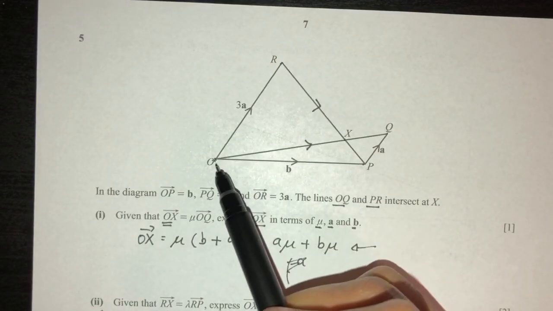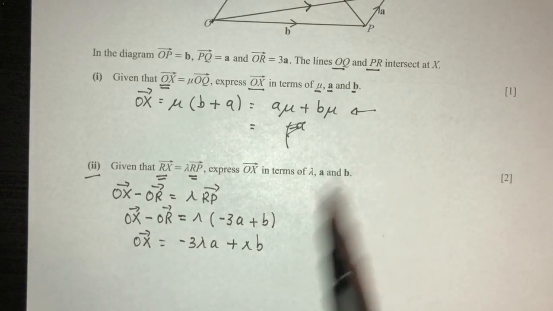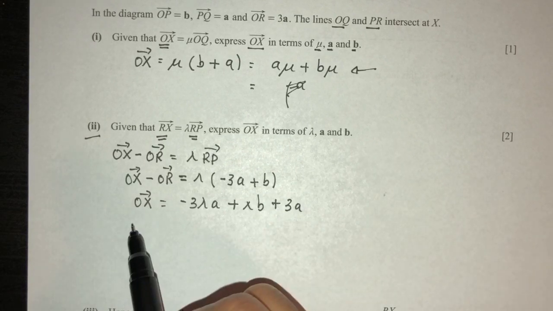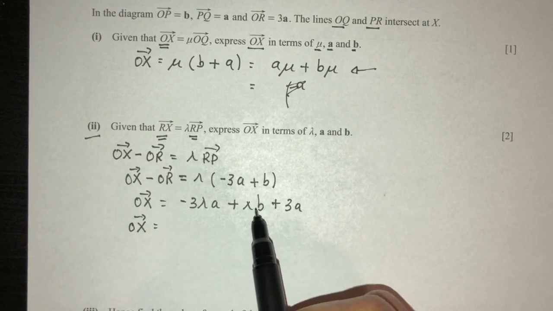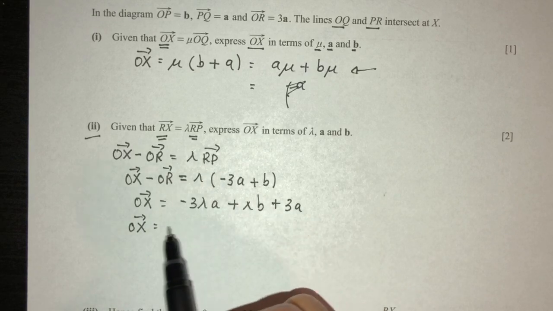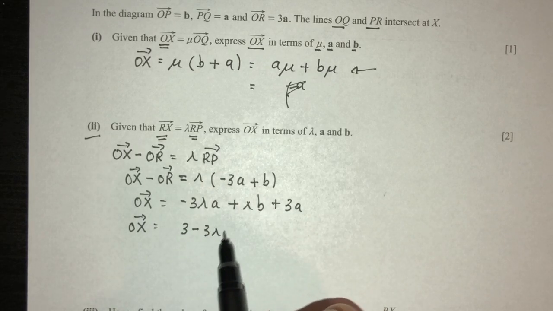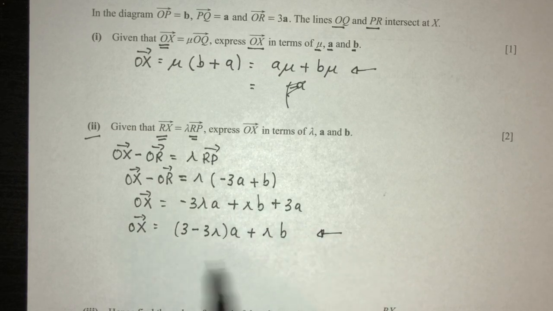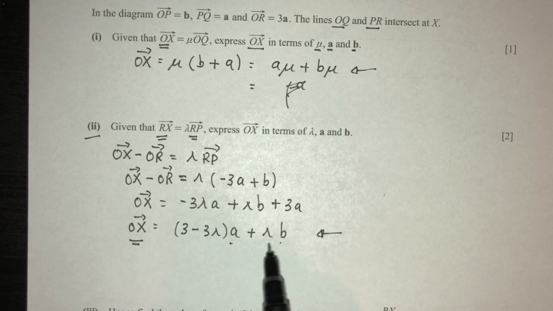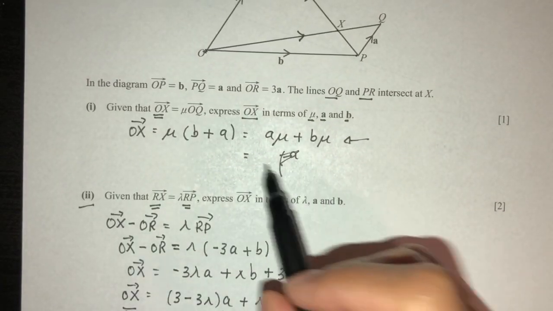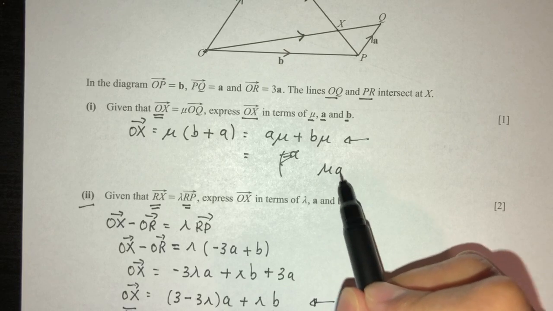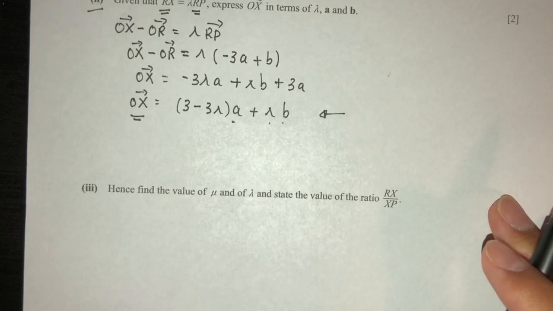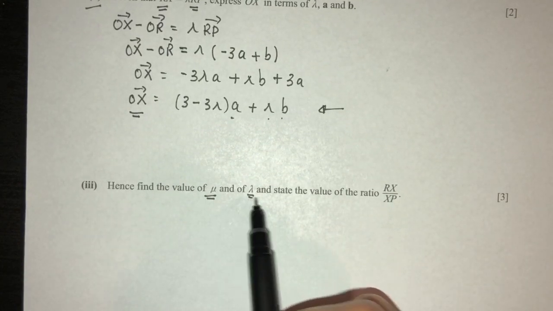Where's OR? OR is just 3A. Now let's simplify. This is A and A, so let's bring this together. You have 3 minus 3 lambda, A, plus lambda B. That's your equation for OX in terms of A, B and lambda. Now let's rewrite this down as mu A plus mu B. This is also OX.